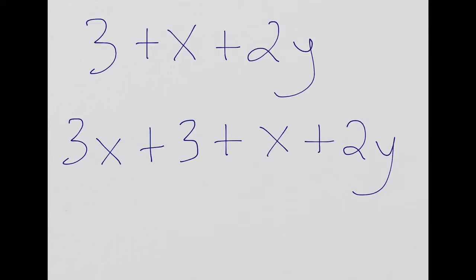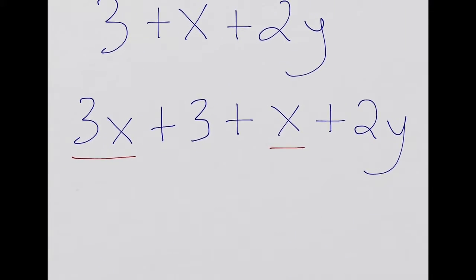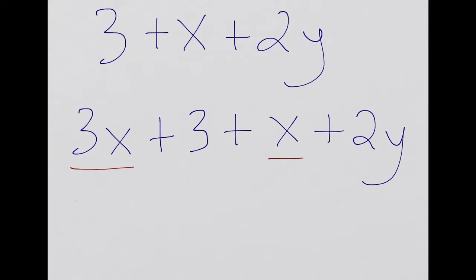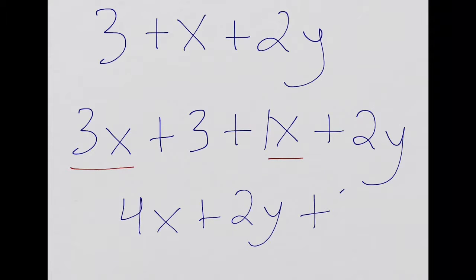However, as soon as we add another term here, we see that we have a 3x and a 1x. Those are the same term. They are both an x term. How do we combine them? We add the coefficients, the 3 and the invisible 1 in front of the x here. So this could read 4x plus 2y plus 3.